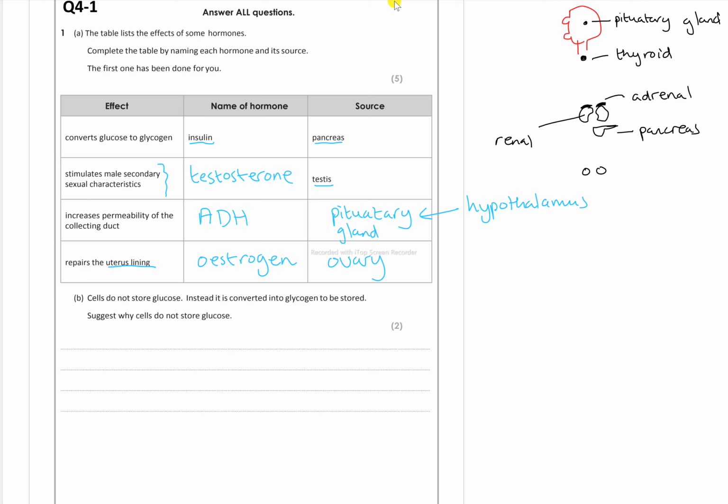Women have ovaries and men have testes. These are all the hormone producing glands or organs that we need to know.